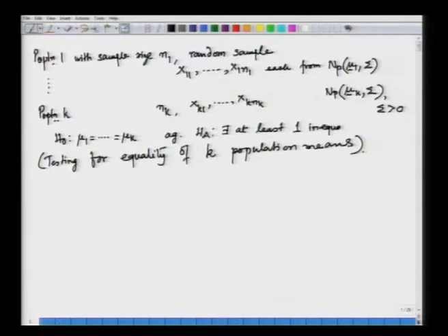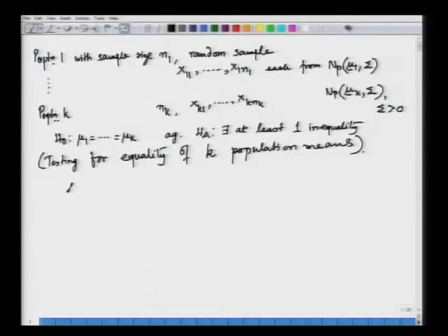So, the equality relationship is violated at least once, and that would violate the null hypothesis that all the means are equal. Okay.